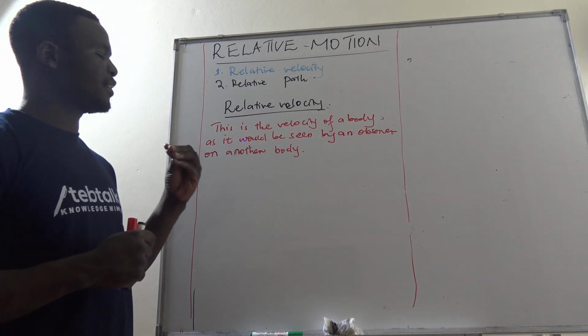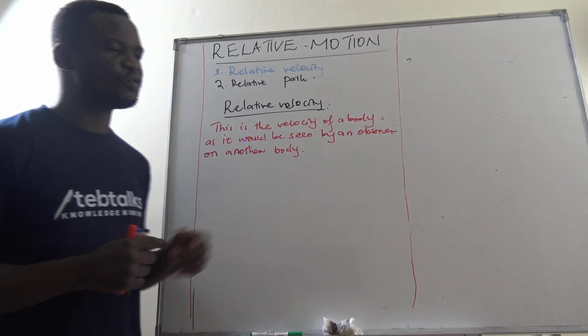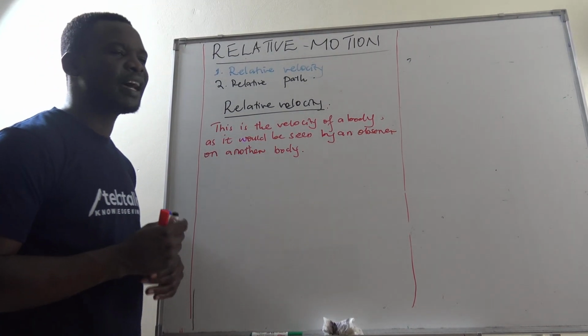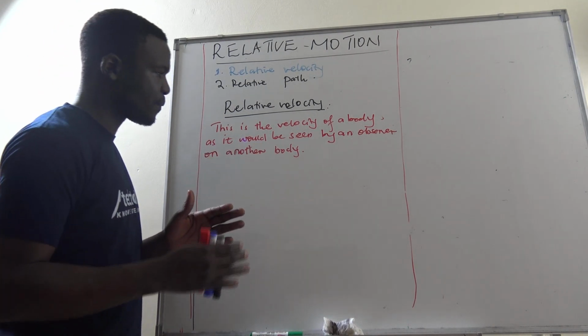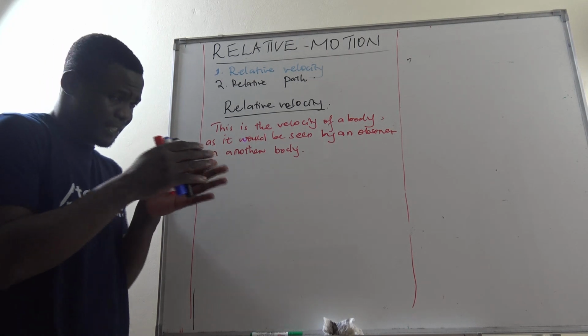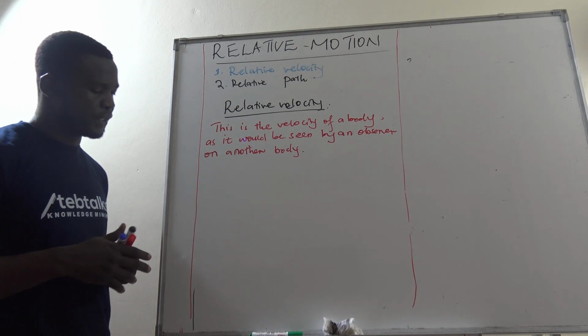So this is witnessed in a way that when you see this person who is driving the other car, the speed at which you see his car moving tends to be less than the real exact speed. So that speed at which you see that guy moving is what we are calling relative velocity.